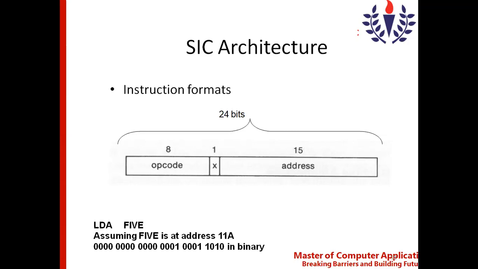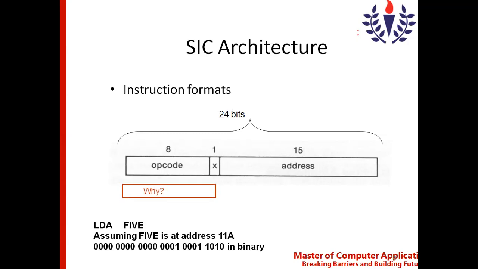Then we have the value for the address. So address 11A is represented by 001 0001 1010. This is how we represent the entire instruction in binary format. So when you write any instruction as a programmer, it has to follow the instruction format of the SIC machine.